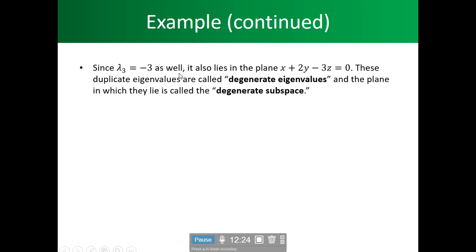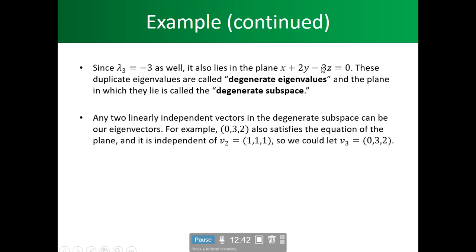This duplicate eigenvalue is called a degenerate eigenvalue. And the plane in which they lie is called the degenerate subspace.